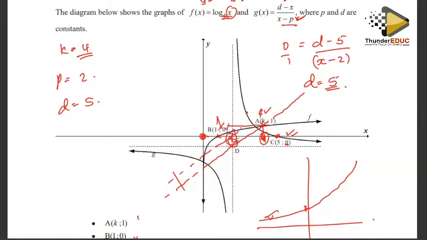Because one graph is above, the other one is below. The other portion would have been here after 5, because this one is below, that one is above. So meaning that between 1 and 2. How do we write that? 1 is less than x and less than 2.